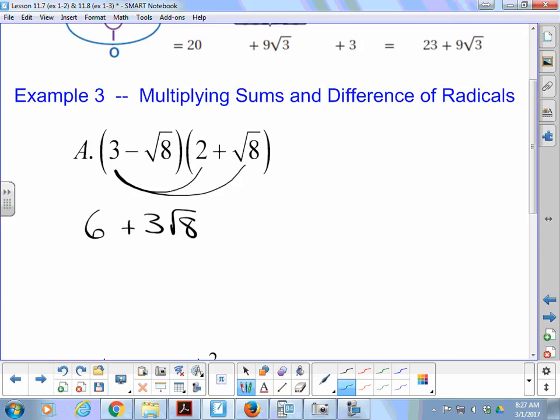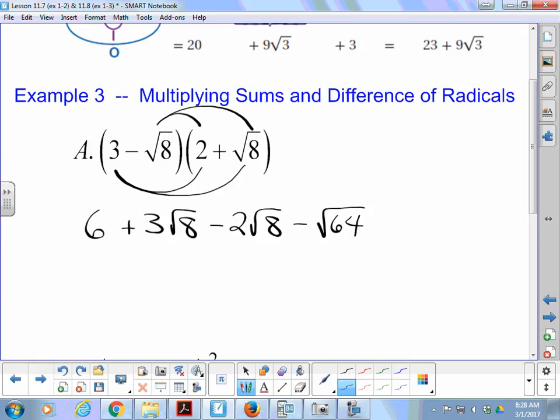Remember, the 3 is not under a radical, the 8 is, I can't put them together. Multiply these two together, we get negative 2 square roots of 8. And square root of 8 times the square root of 8 minus the square root of 64.